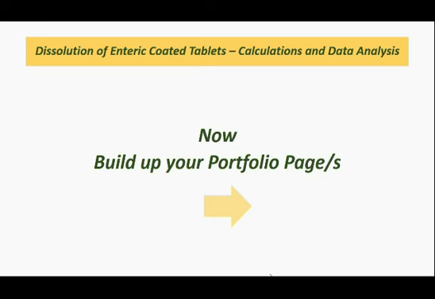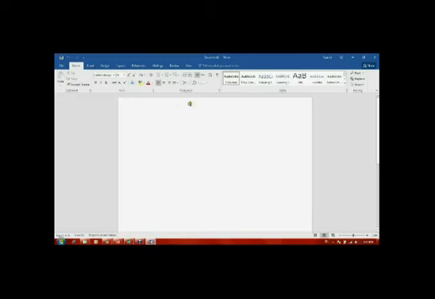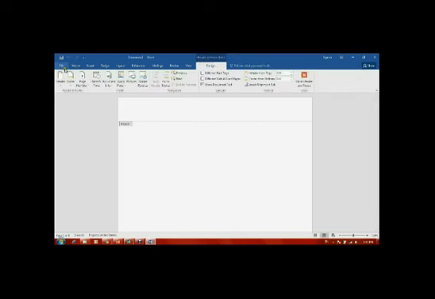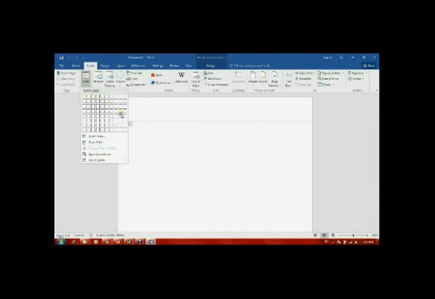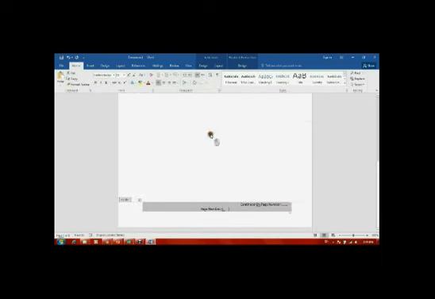Now, build up your portfolio pages. Use the same method we used in previous cycles. Use a Word page with the layout we discussed previously and used in the previous reports.